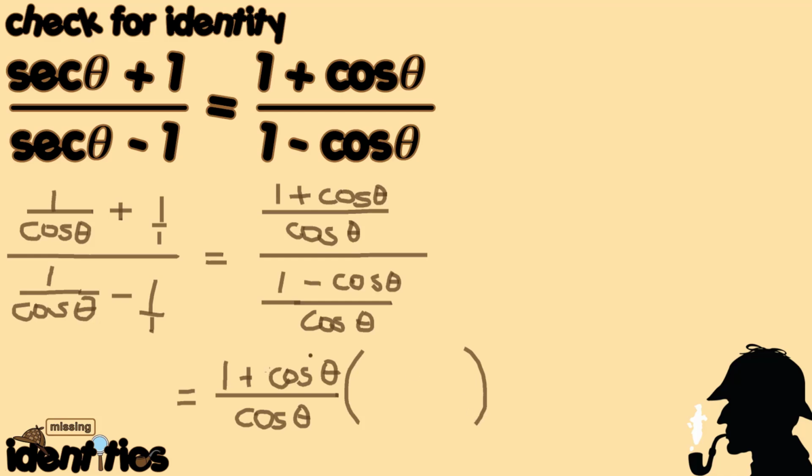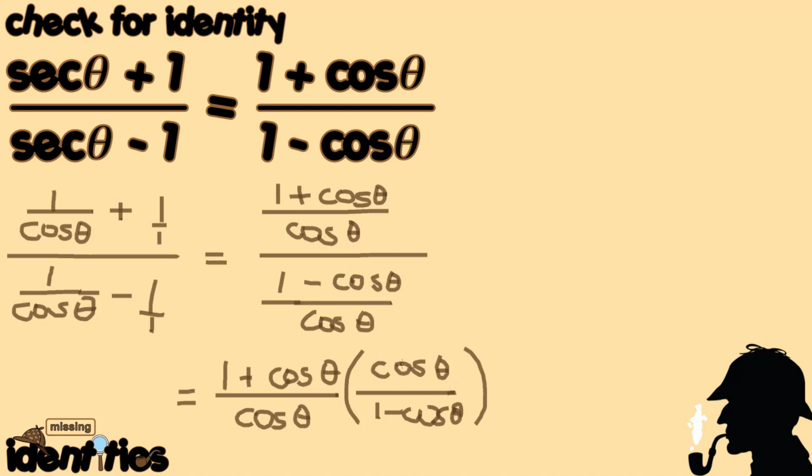So it will be easier for us. And then for flip, we are going to reciprocate the denominator, or the divisor. Flipping that, we'll have here cosine theta over 1 minus cosine theta as well. So keep, change, and flip.